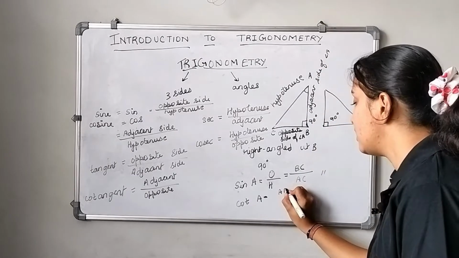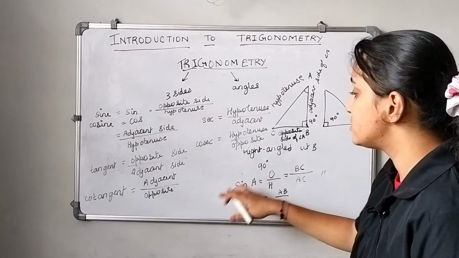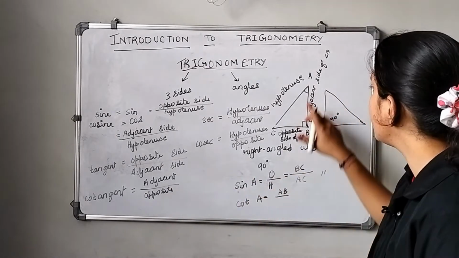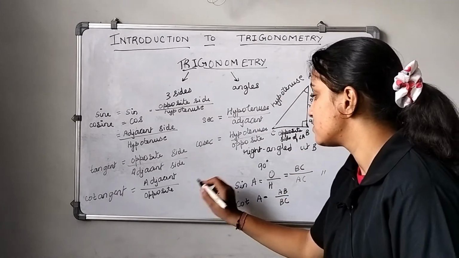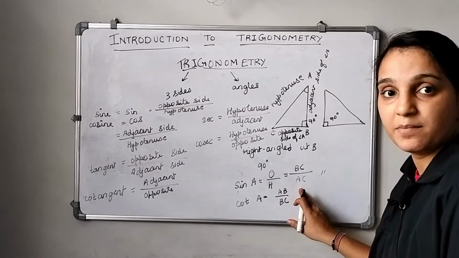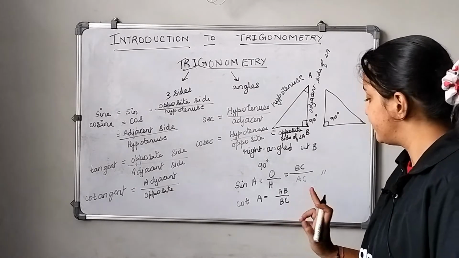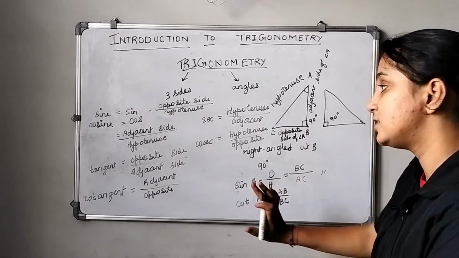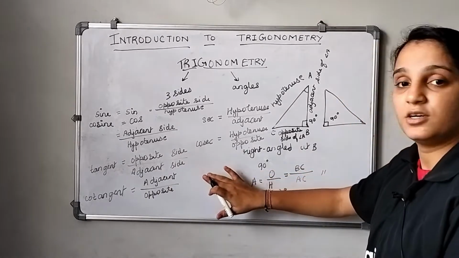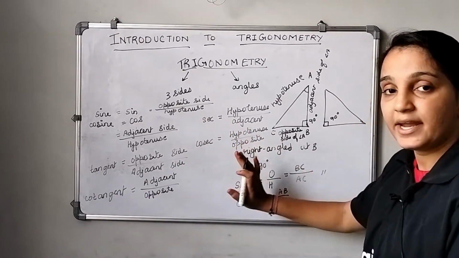So AB upon the opposite side, which is BC. So cot of A is AB upon BC. Similarly you can find out tangent, cosine, sec and cosec.